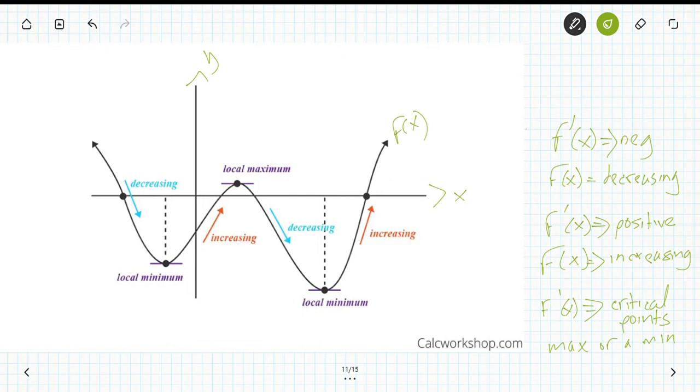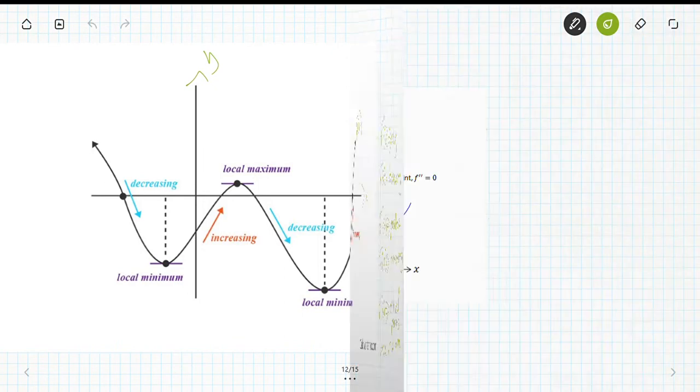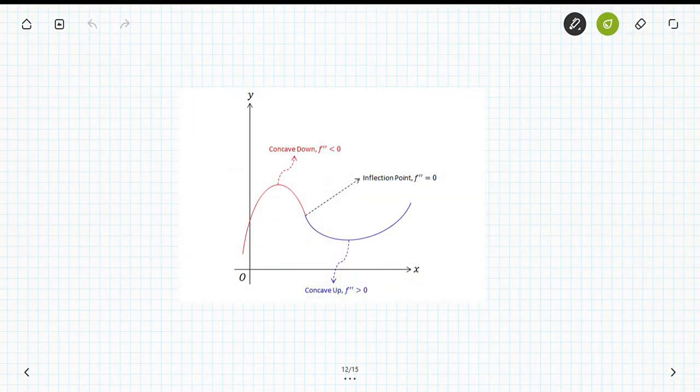Now we're going to be talking about another kind of point that is also important in our study of functions. That point will tell us whether our function is concaving up or concaving down. So what do I mean by concaving up and concaving down?